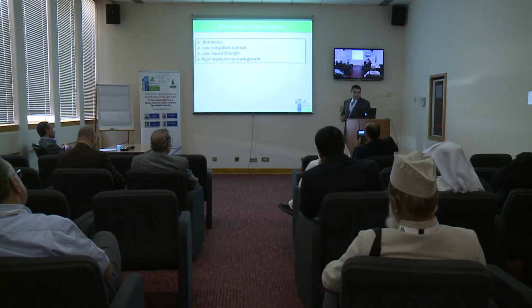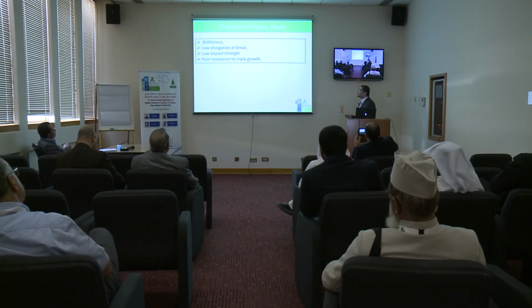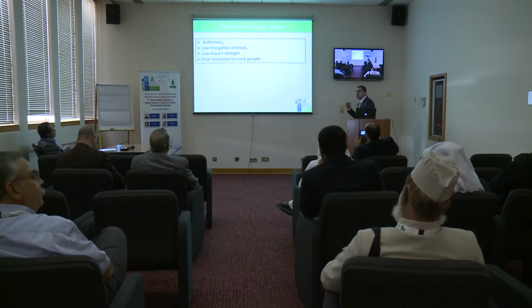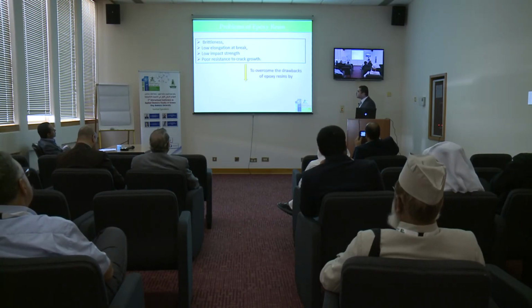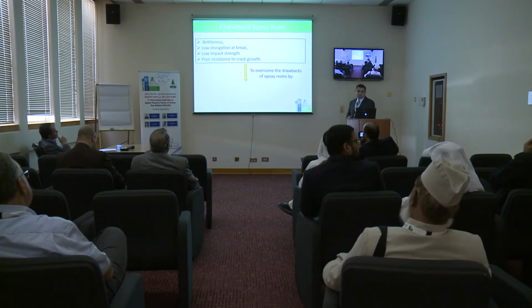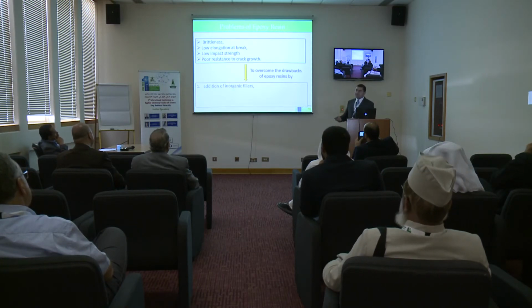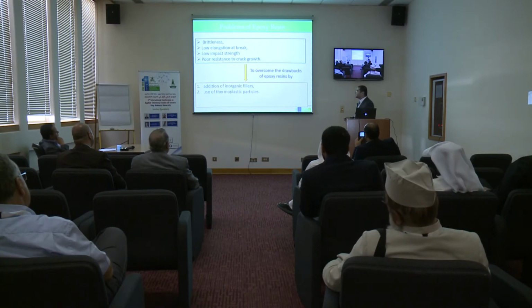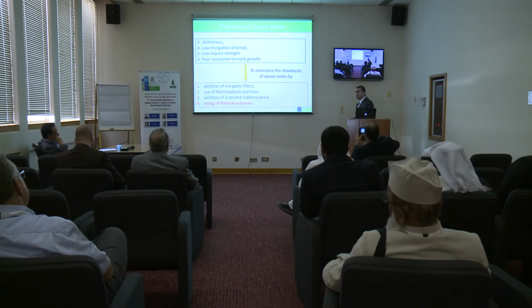There are some disadvantages of epoxy resin, like brittleness, low elongation at break, low impact strength, and poor resistance to crack growth. And also, as we said, it comes from petroleum resources. To overcome these drawbacks, we can add an organic filler, use thermoplastic particles, add a second rubbery phase, or, as we said, use natural polymer.